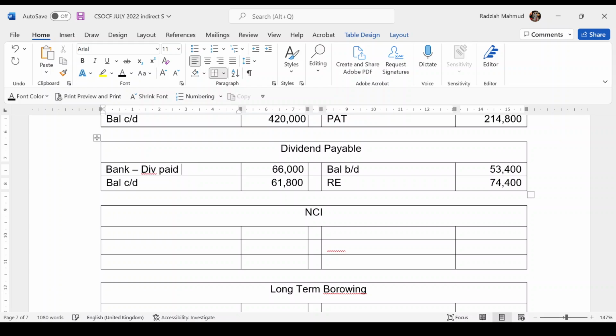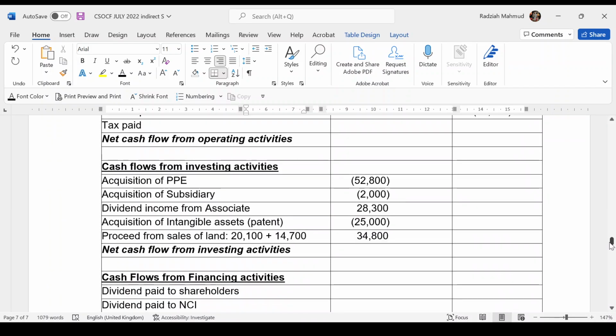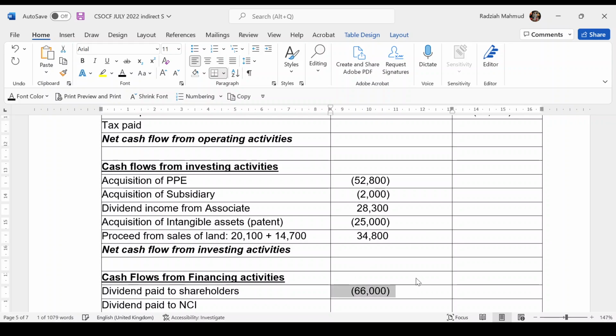I just put it as dividend paid here. We transfer this figure to financing activities. Don't forget to put a bracket because this is outflow. Any payment should be put in bracket, and any receipt should not be in bracket. So we have settled with dividend.